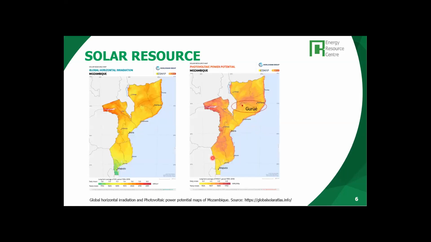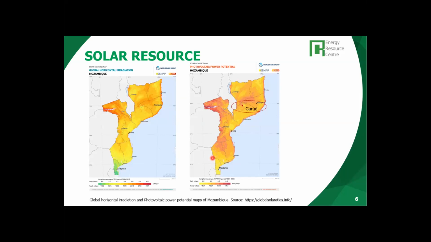Remember about the solar resource, we have seen these maps many times in this course, because it is the solar radiation and the photovoltaic production potential. Very important all the time. We start all the projects by looking at the radiation.